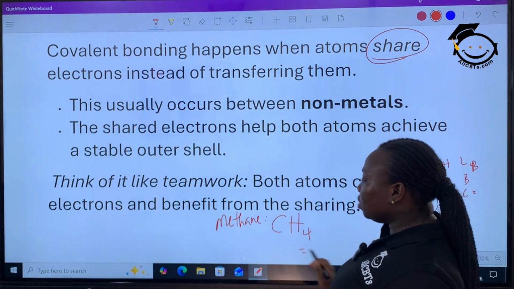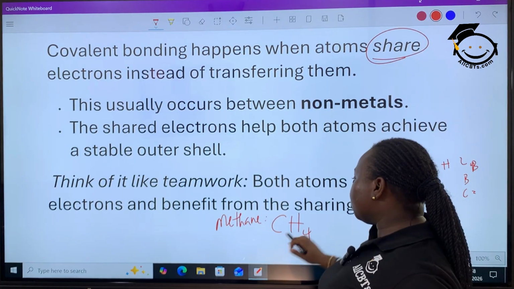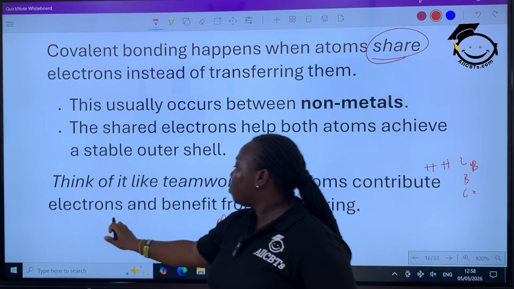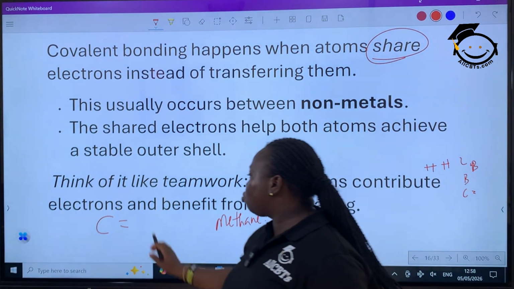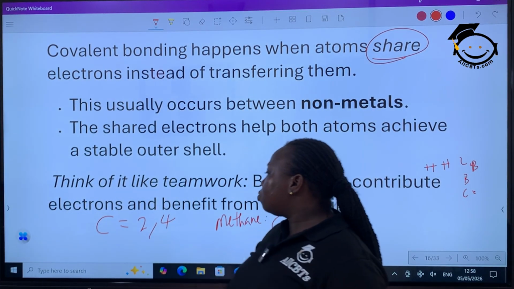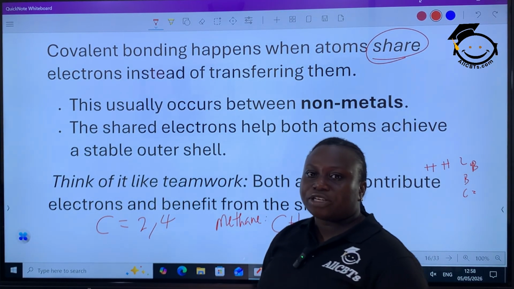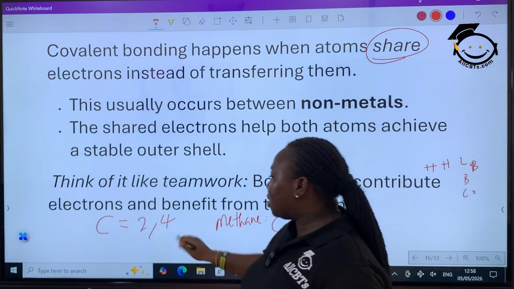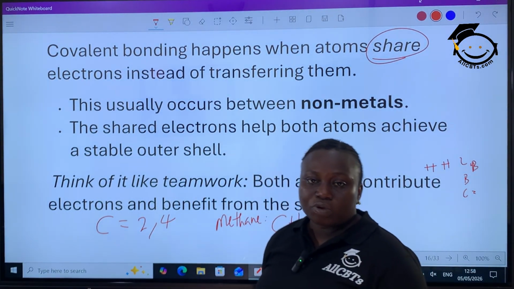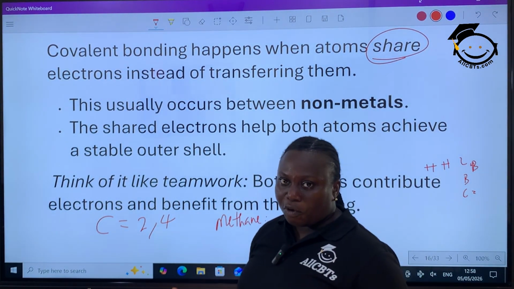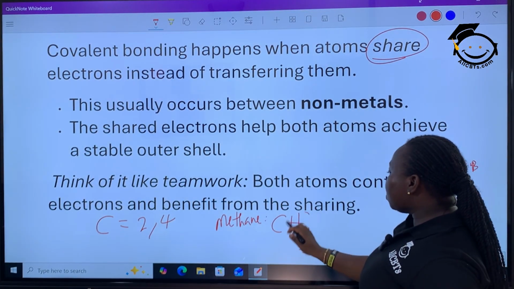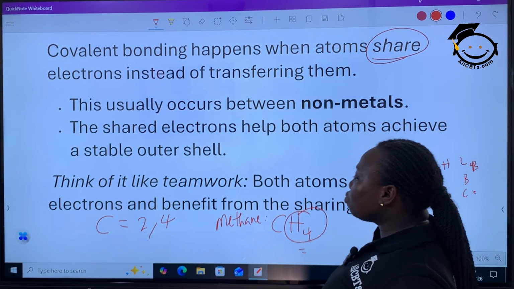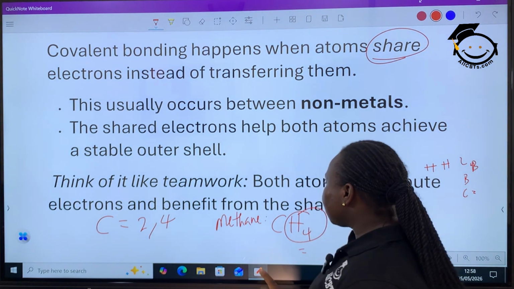Carbon is 6, that is 2, 4. So it needs 4 more electrons to become stable, so that it can attain the stable 2, 8. It needs 4 more. Now, this H4, H is only 1, right?